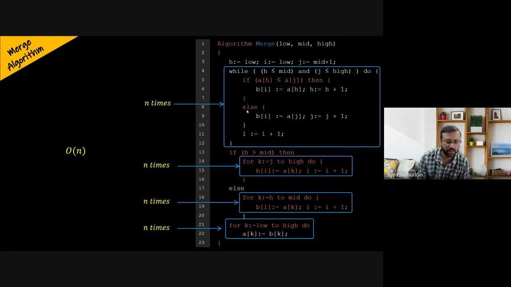So in total it is 4n. So f of n equals 4n. 4 is a constant, we can remove it, and we can say that the time complexity of this merge algorithm is O of n. Not merge sort, the merge algorithm is O of n.